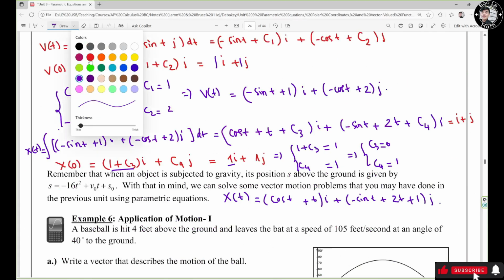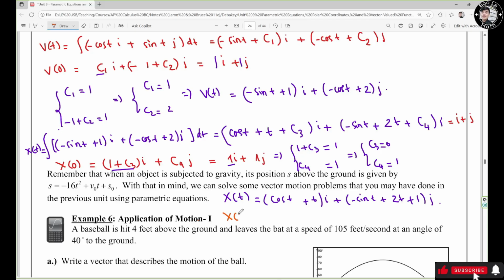So S of pi: cosine pi equals negative 1, so you have negative 1 plus pi. This one is the i component. Now sine pi equals 0, so I only have plus 2 pi plus 1 left, right?